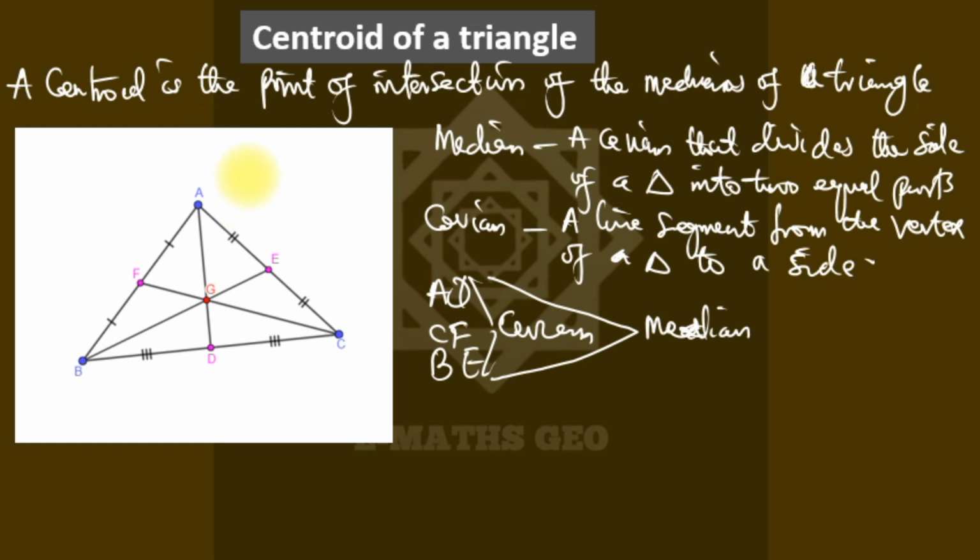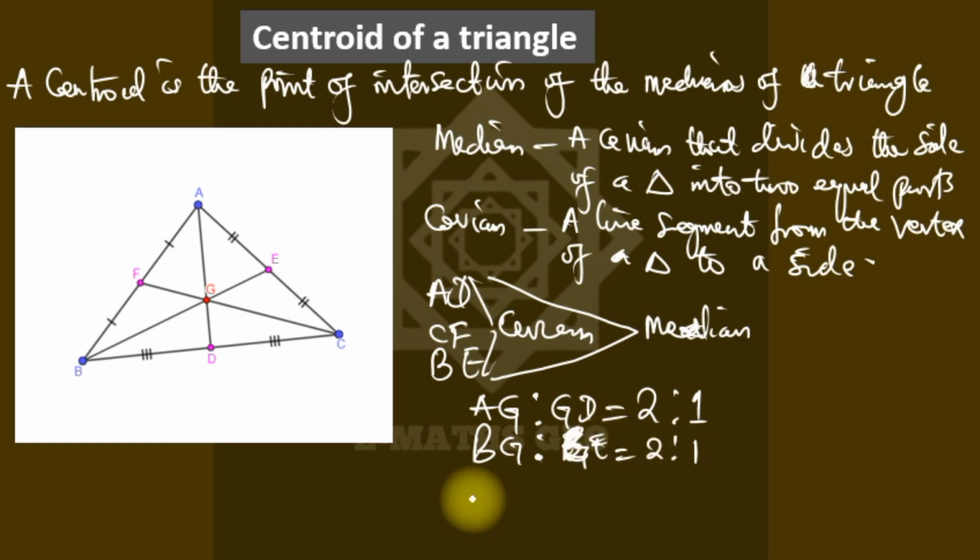So I want to prove that AG to GD is 2:1, or that BG to GE is also 2:1, and CG to GF also 2:1.